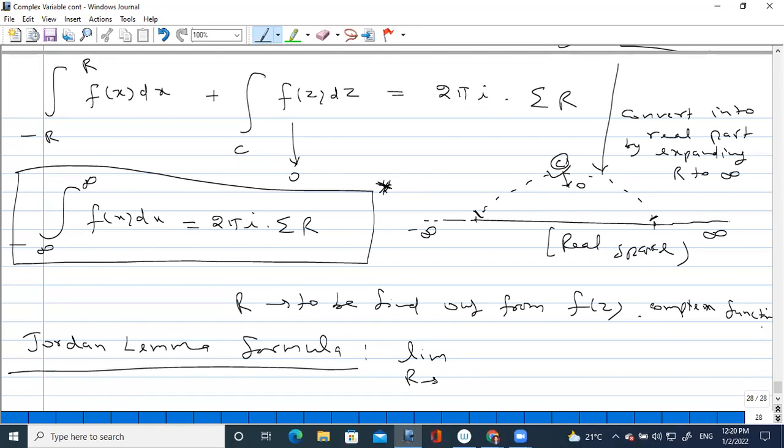Limit, if your R is tending to infinity, then for an open contour, C is the open contour, the integral of f(z) dz will go to 0, where C is just a half circle, R e to the power i theta.